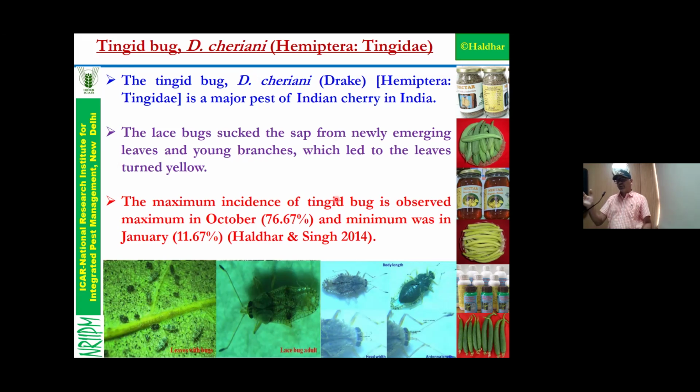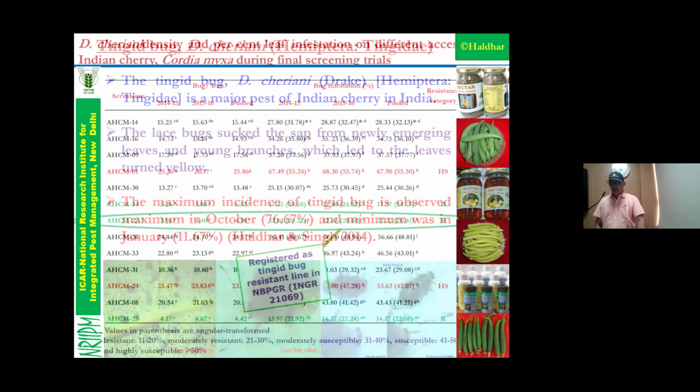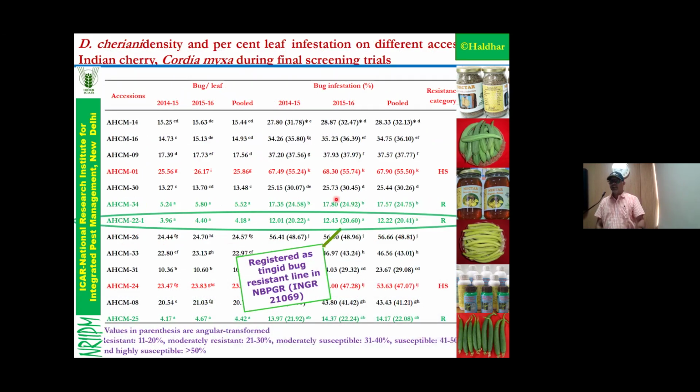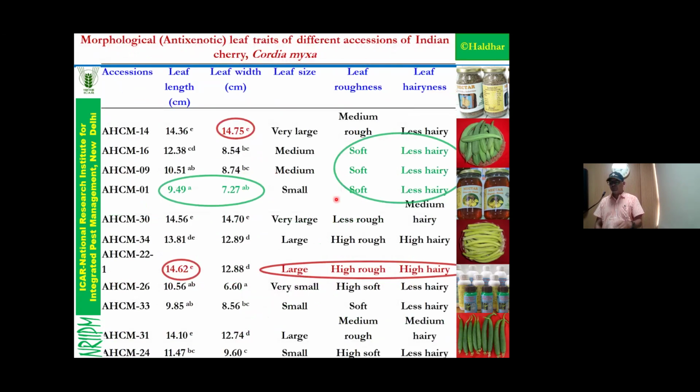On the basis of that, we found one genotype that is resistant to this tinged bug, and this was registered as a tinged bug resistant line in NBPGR, and we have also received the INGR number 21069. Okay. So this is about this.